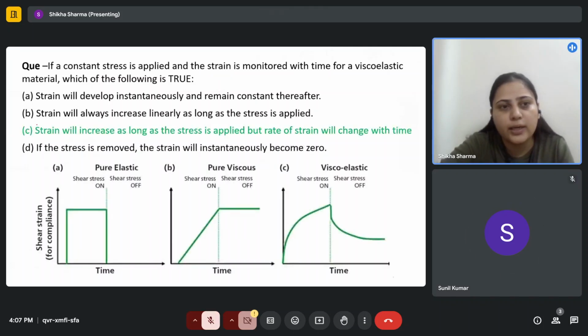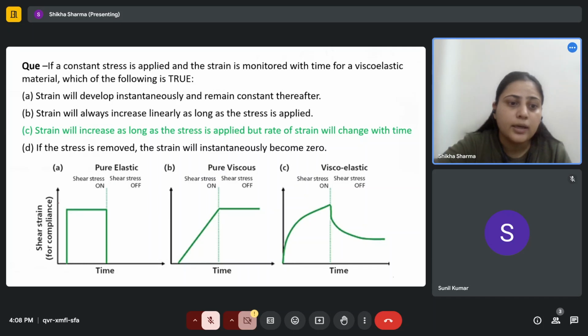Yes, so you are correct. Strain will increase as long as the stress is applied, but the rate of strain will change with time. Why? Because as we see in the three graphs below, graph A tells about the pure elastic material.